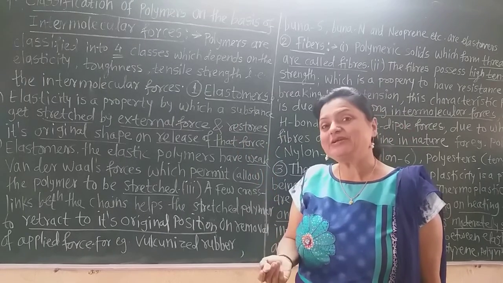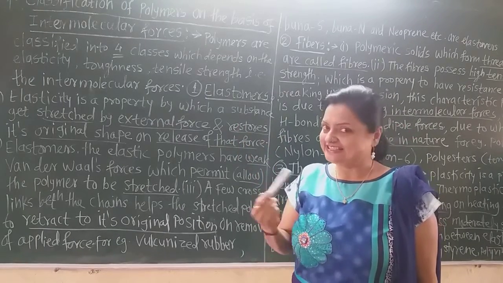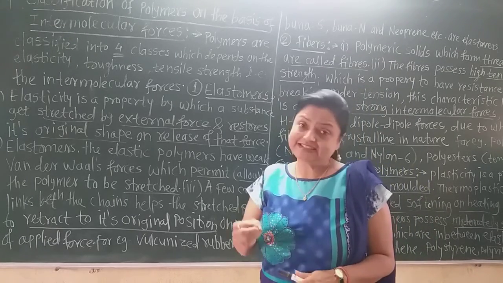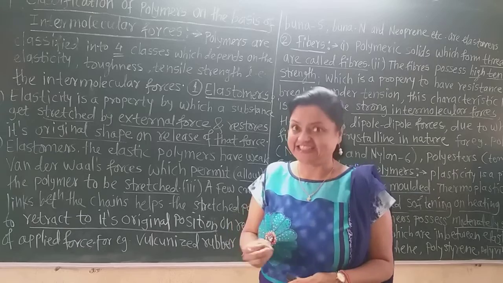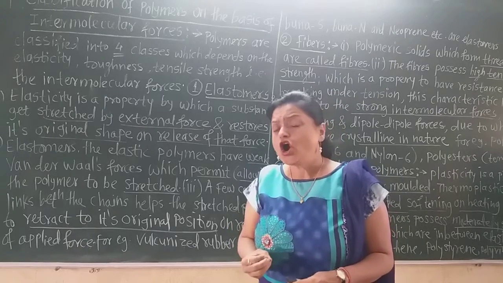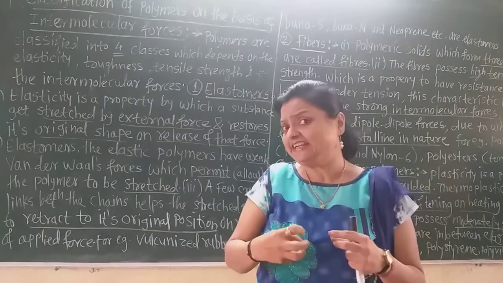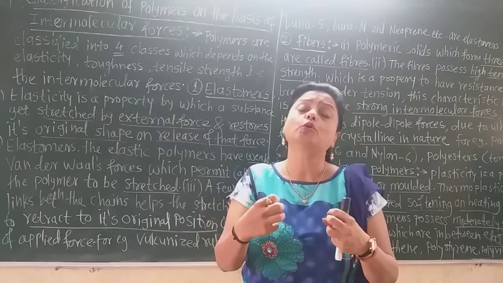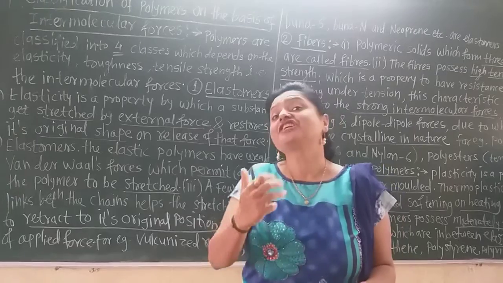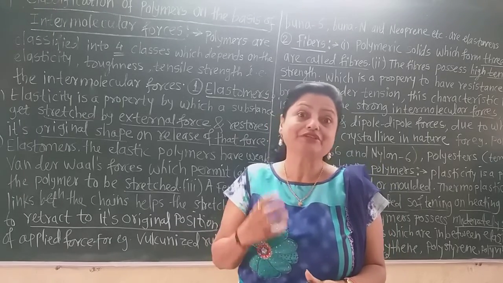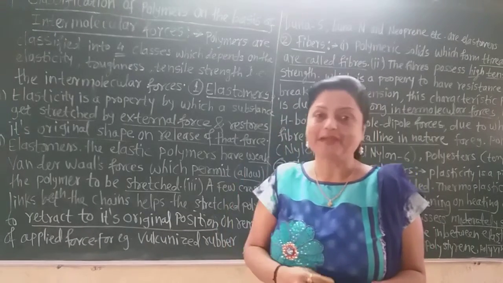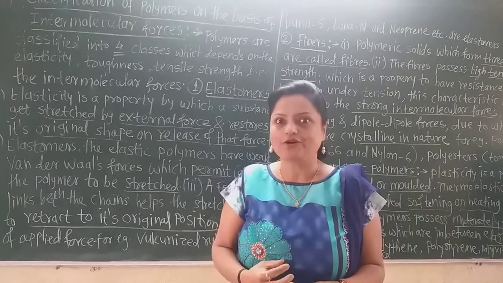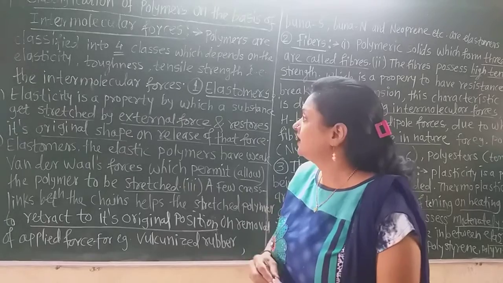As the name itself suggests, in these polymers there is definitely elasticity. That means on applying force they get stretched, and on releasing the force they get back to the original shape again. Such plastics are used in, for example, hair rubber bands, and such polymers are called elastomers.